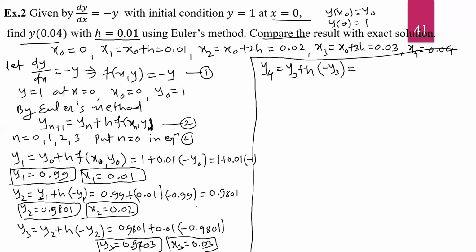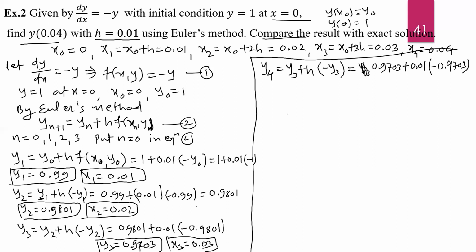The value of y3 is 0.9703, plus 0.01 the value of h, and minus 0.9703.